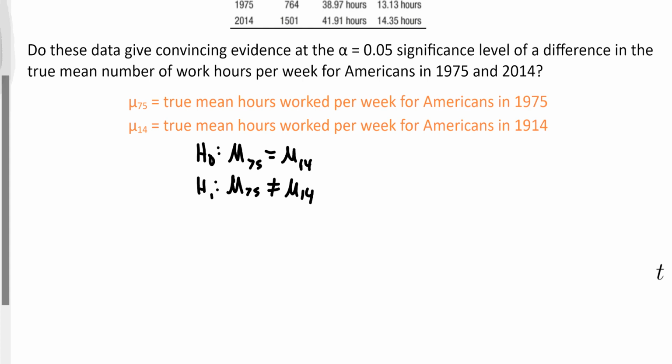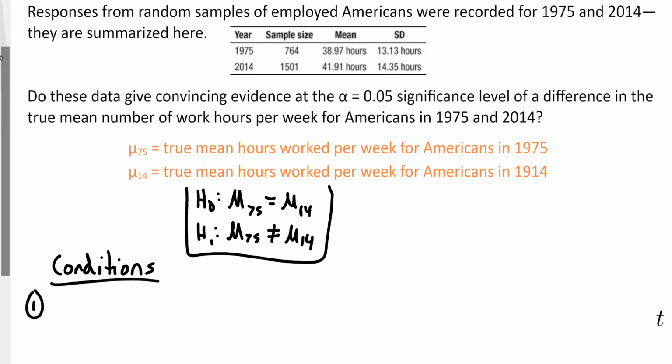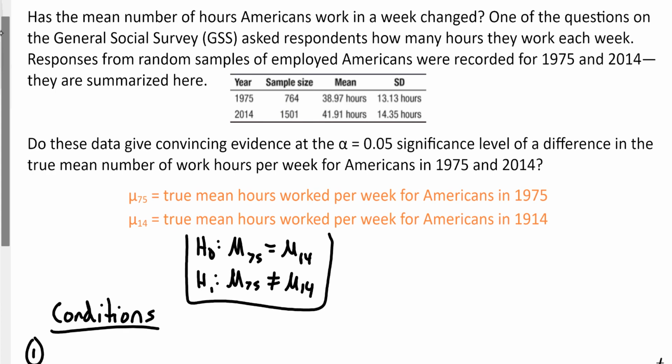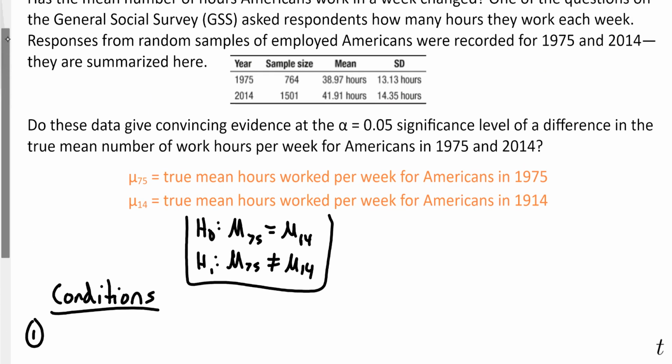So now that we have that set up, we can check some conditions and we can go into our actual test. Now the conditions, again, are going to be the same as it was for a two-sample t interval, where, number one, we want independent random samples from the population, or if we have an experiment. This is really just data from an observational study. So we're going to say, does it say random?